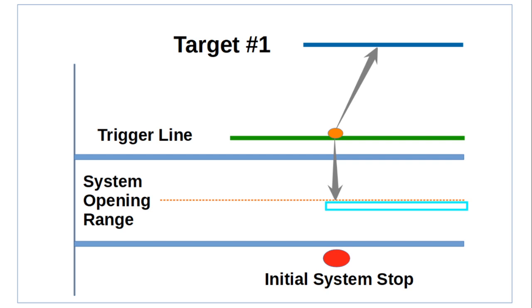Like I said, there was one day back in, I think it was February, where target one here was 36 and a half points, if you can visualize that. And so I'll have to go back and see if I can figure out what the stop was at the time, because obviously that was probably one of the longest range days that we've seen in a while.